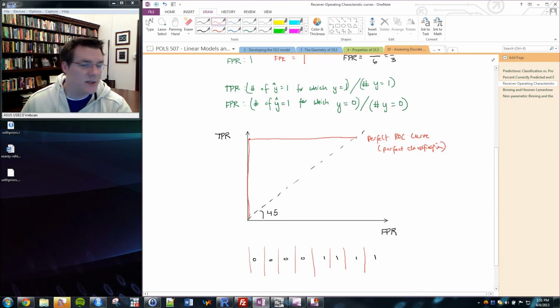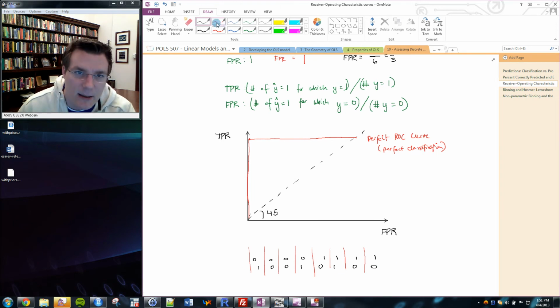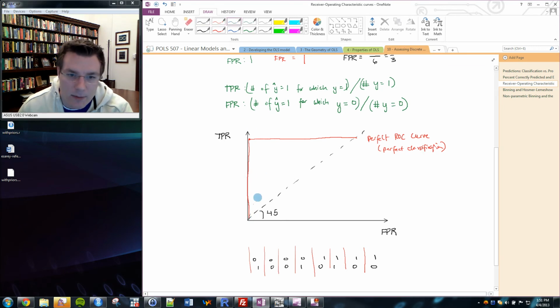Now suppose that these 1s and 0s were just randomly arranged. So we had like a 1, 0, 0, 1, 0, 1, 0, 0, something like that. Then as we slide these things around, we expect to do no better in terms of classification than a coin flip. So I'll change this to blue.